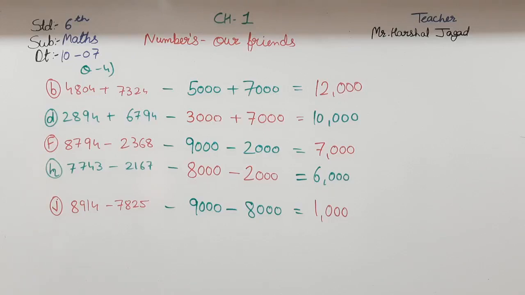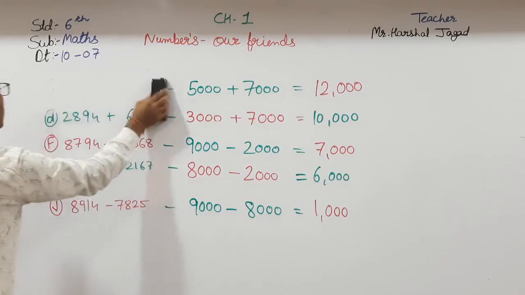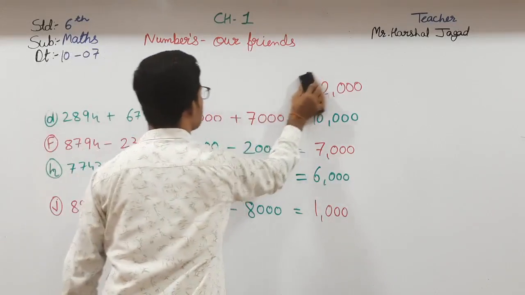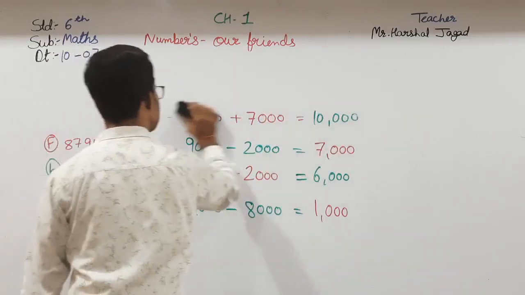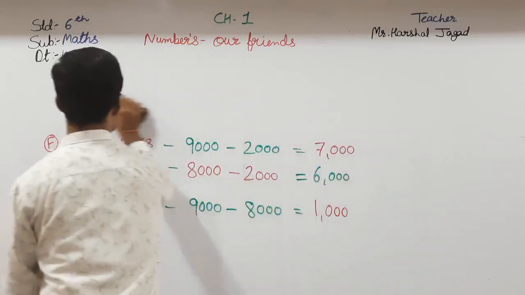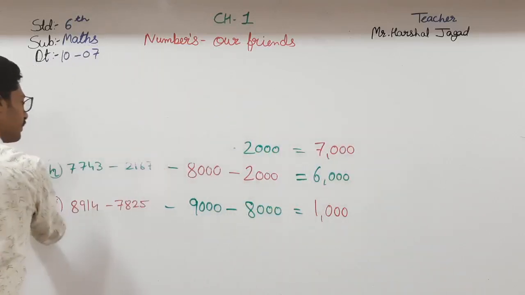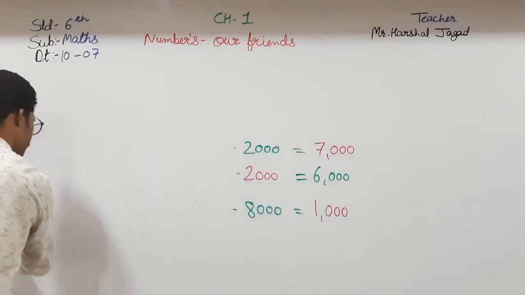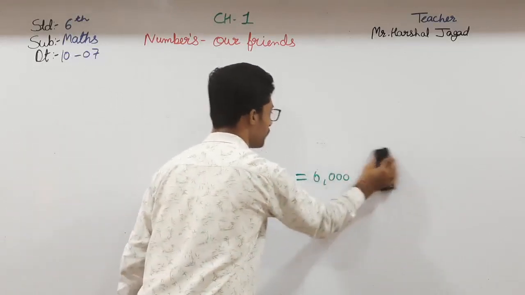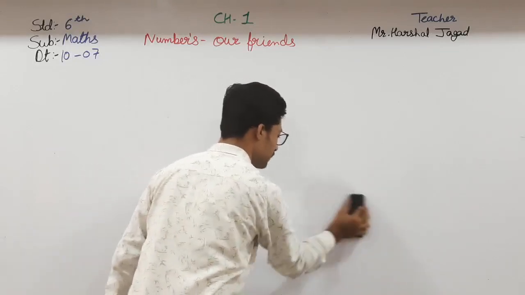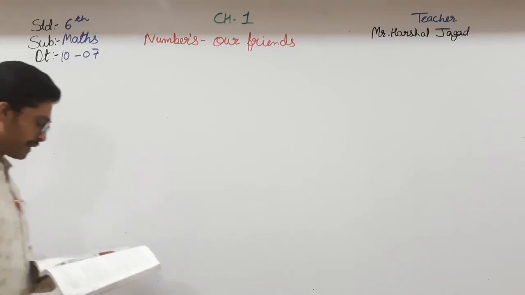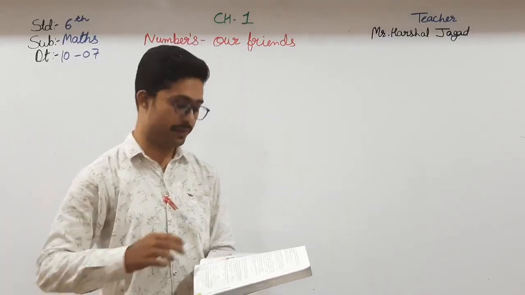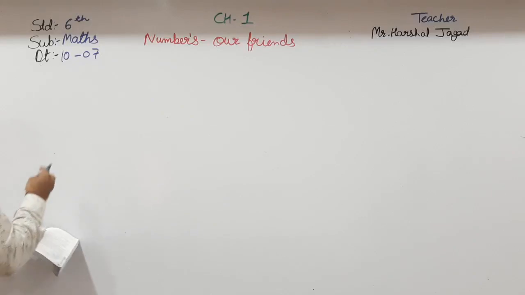Okay students, have you written? Now moving forward to question number 5. Question number 5 is multiply and give the approximate answers.